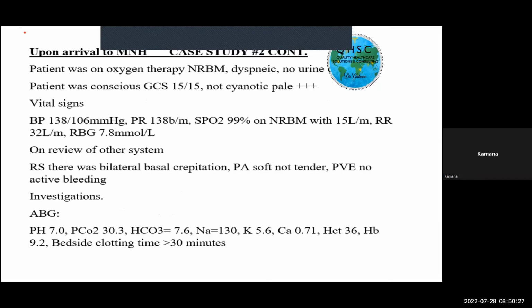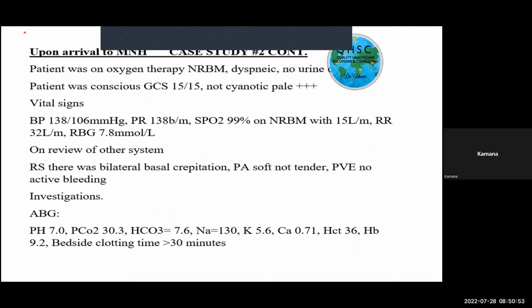Then the uterus was massaged, and then the bleeding cut off. But during the management of PPH the patient also developed another condition. She started convulsing. She convulsed two times.